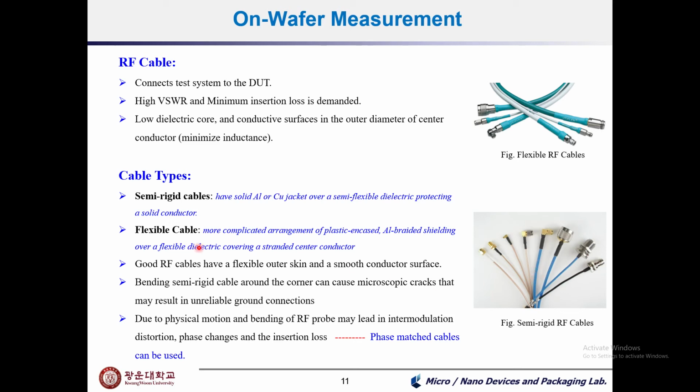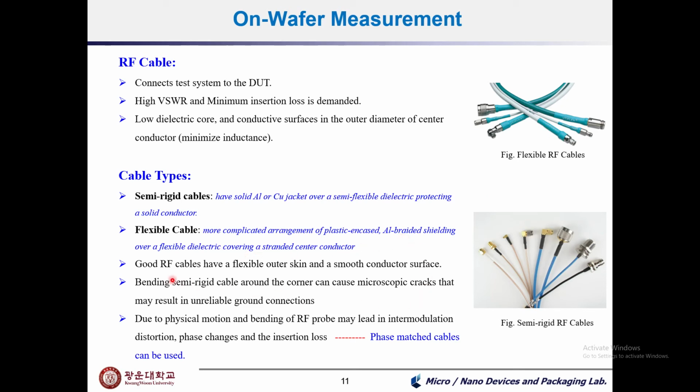Whereas the flexible cable has a more complicated arrangement of plastic encasing, and aluminum braided shielding is used over a flexible dielectric covering the standard center conductor.